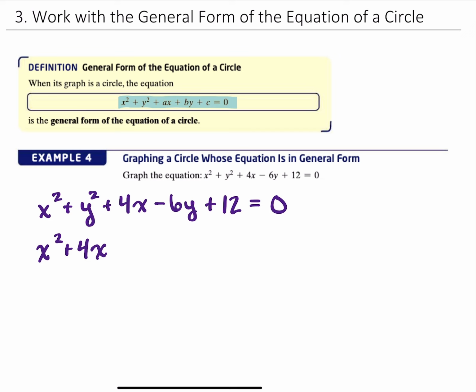I'm going to leave a little space because if you remember in completing the square, we're going to add something to each of these. So I'm going to leave a little space, and I'll say plus y squared minus 6y. And then one of the first things I do is move this constant number over to the other side. So I'm going to subtract that 12 from both sides, so it will appear as a negative 12 on the right side.